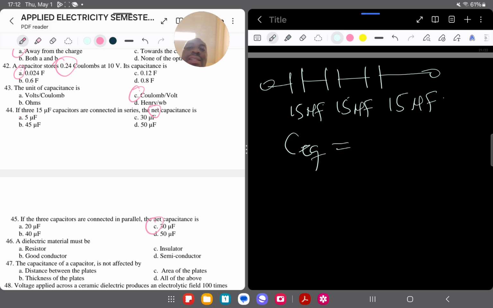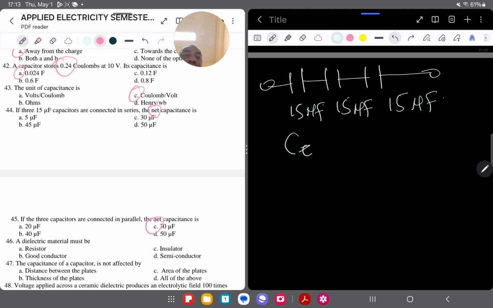Now, the simplest way to get this is to make use of the fact that we are dealing with 3 capacitors and they have the same capacitance, meaning they are identical. Let me write the general formula for capacitors connected in series.